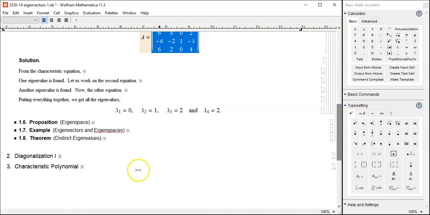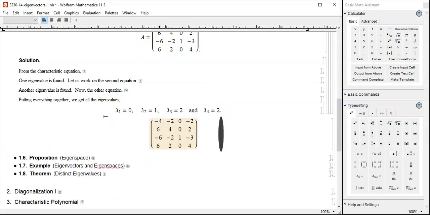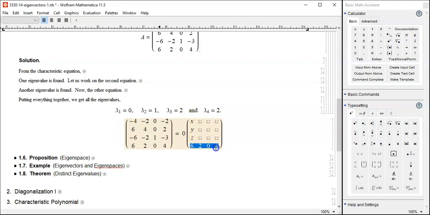There's a good chance we won't be able to complete it in this module, in this video. But what the heck, let's do it. 0 times this. So x, y, z, w.